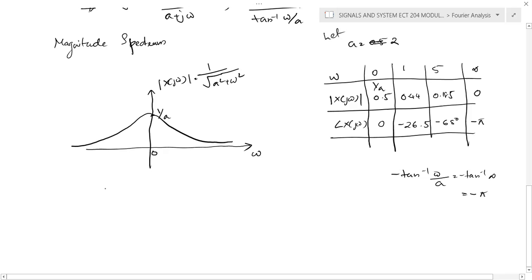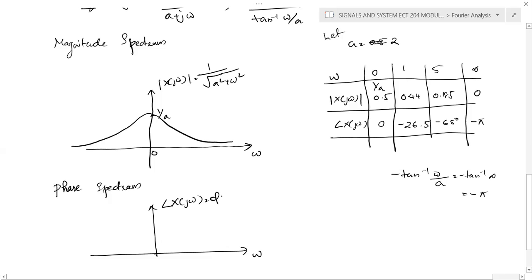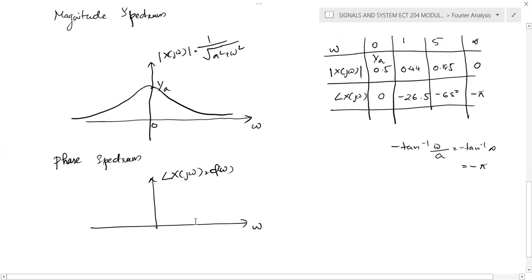And when you discuss the angle, okay, this is actually the magnitude spectrum. Now we need to plot the phase spectrum. Phase spectrum means we need to plot with respect to omega the angle of X of j omega, or phi of omega. So from this you can see that when omega values are positive, the angle is negative, and when omega reaches infinity, it becomes minus pi.